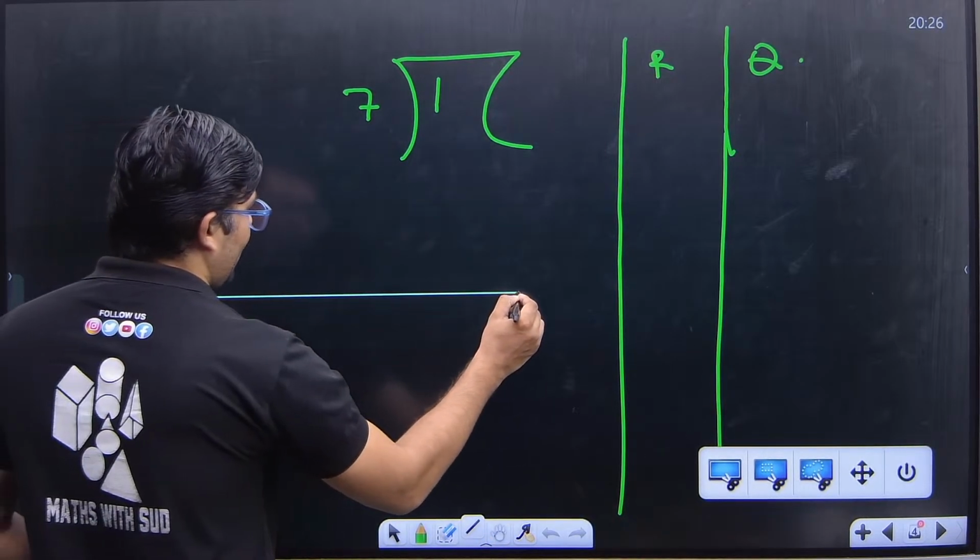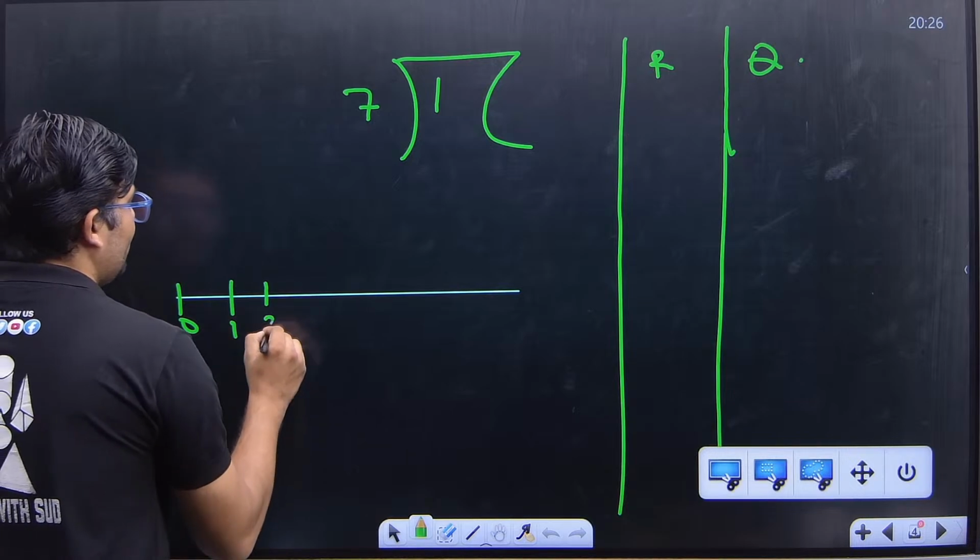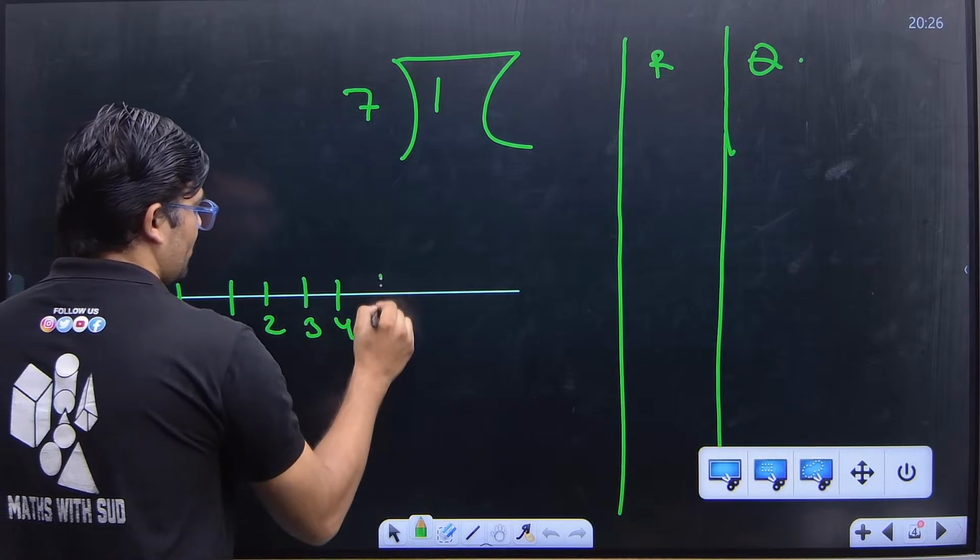Suppose this is a number line, and on the number line you have different numbers.